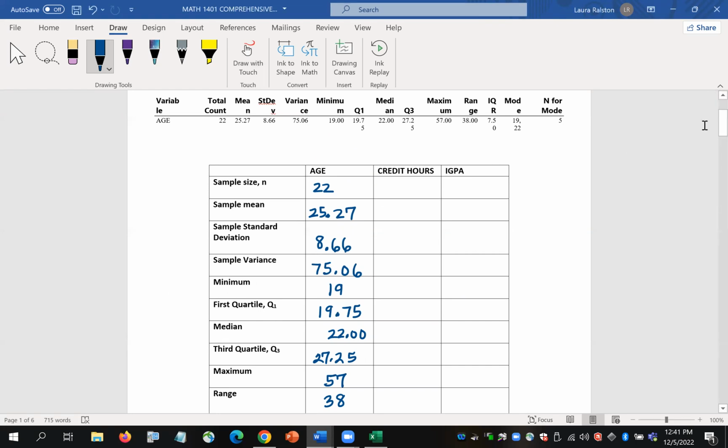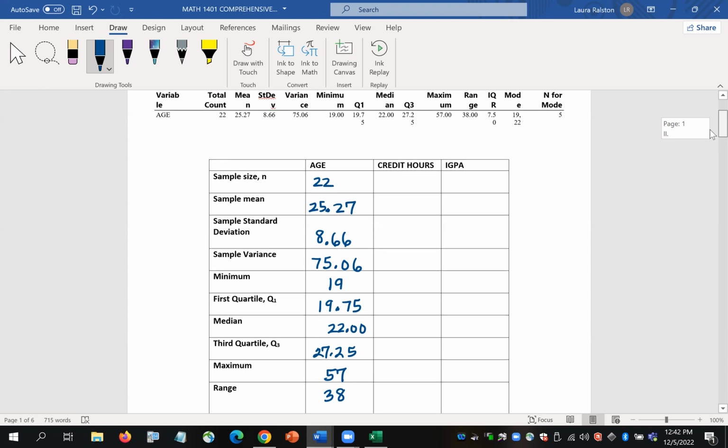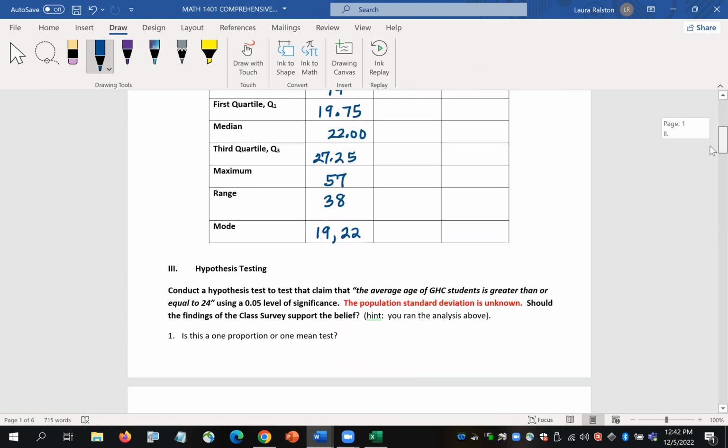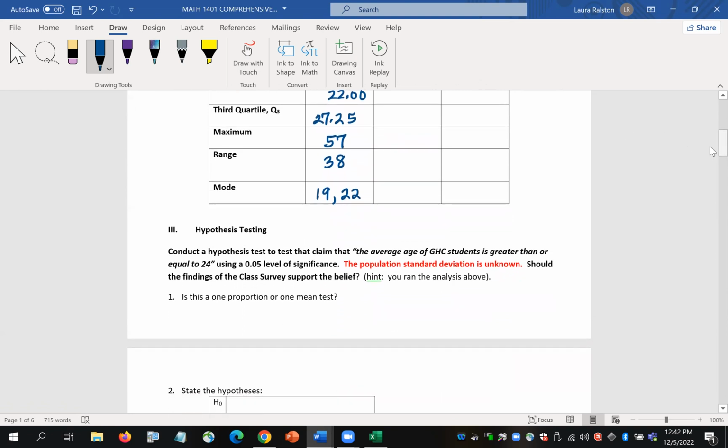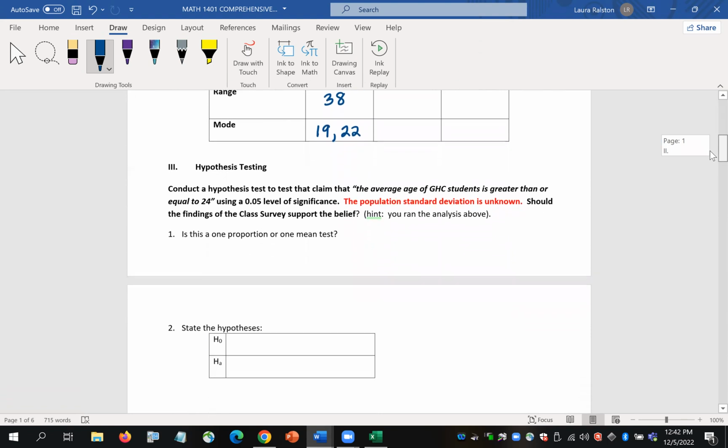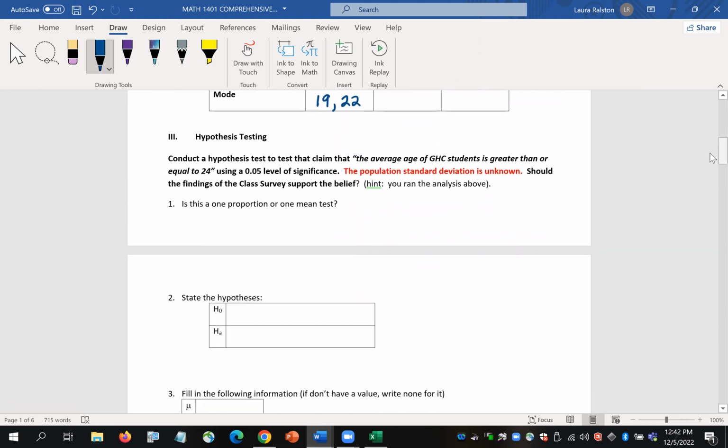Nick says he's good. Does anybody else need to see it with a different variable? Okay, does anybody need to see the one mean t-test?